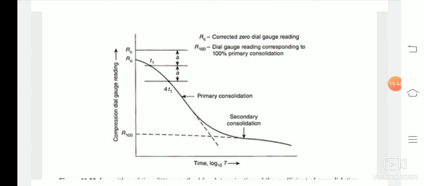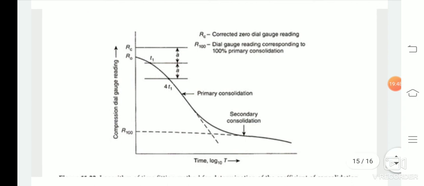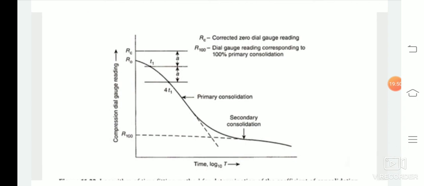So here we can compute the coefficient of consolidation from the relation CV equals T50 into D square divided by small t50, where capital T50 is the time factor corresponding to 50% degree of consolidation, and this T50 is given by pi by 4 into the degree of consolidation squared, that is pi by 4 into (50 by 100) whole square, whose value is 0.1963.